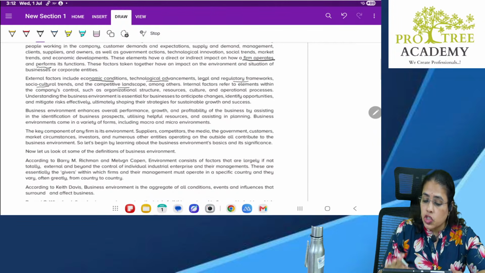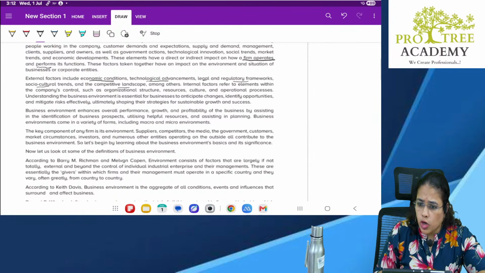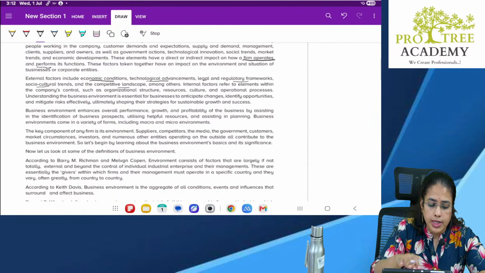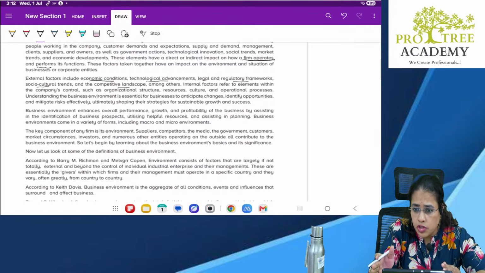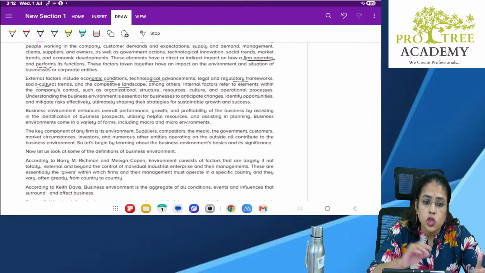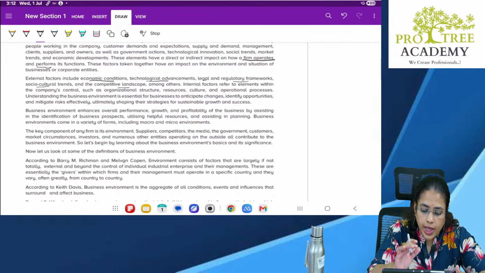Now, these are external factors: technology, legal regulations, rules and regulations that are framed for your business, all these things. Social culture, what kind of culture we are forming, like Indian culture is different, Western culture is different. So what is the social culture here? That is also an impact. These are all external. Okay.